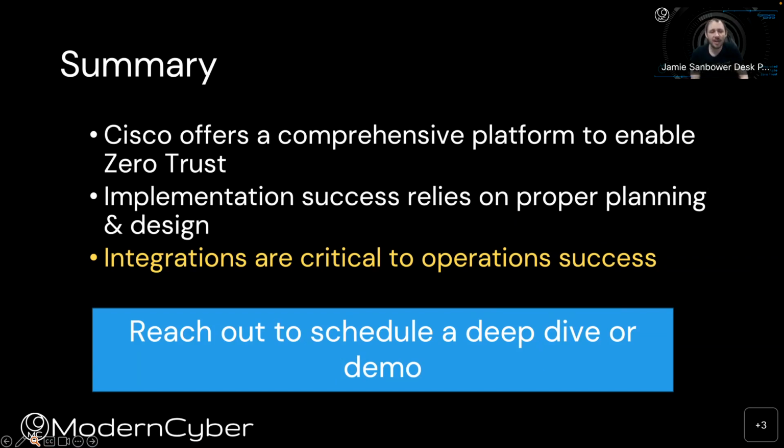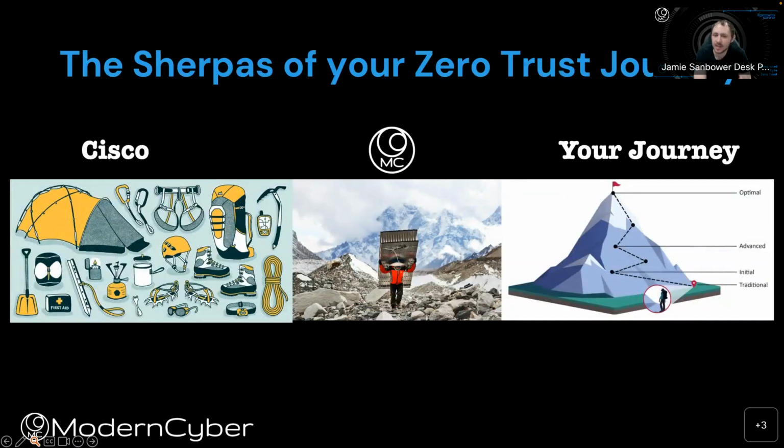Now, I know we only had an hour today. I could talk about this stuff for days on end. So please feel free to reach out to schedule a deep dive or a demo. Obviously, we're doing a lot when it comes to Cisco Zero Trust. One of the things I always like to tell people is that we are very much the Sherpas of your Zero Trust journey.